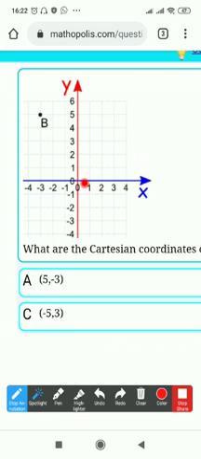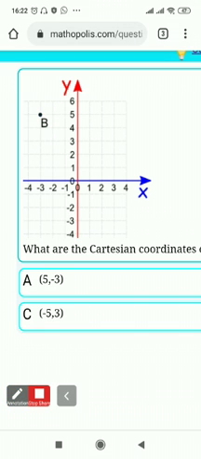Let's see how many steps it's moving left, because the left side of 0 is negative. So 1, 2 and 3. So the first number is -3, and how many steps are we going up? 1, 2, 3, 4, 5. So the coordinate pair is -3 and 5.